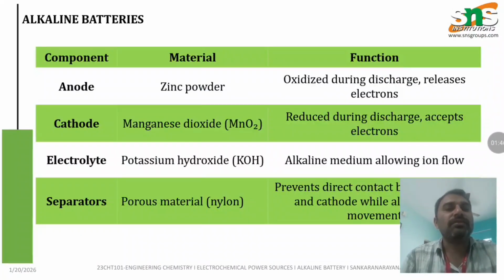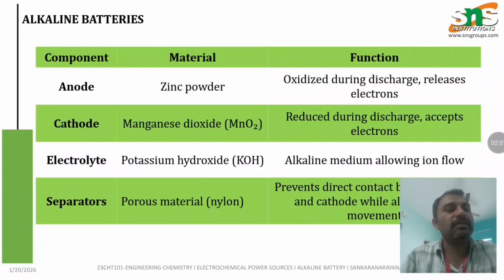So what are the components? The anode is zinc powder. It is oxidized during the discharge and releases the electrons. The cathode is manganese dioxide, MnO2.